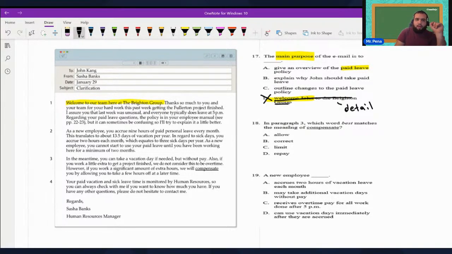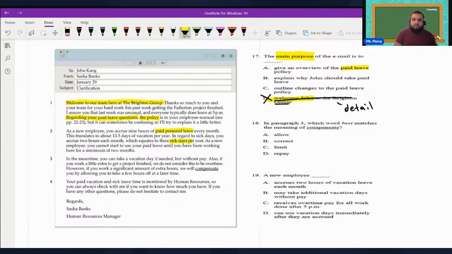Next, it says, regarding your paid leave questions. Oh, so he had questions about paid leave. And then they talk about the policy in the employee manual. And then it talks about paid personal leave every month.